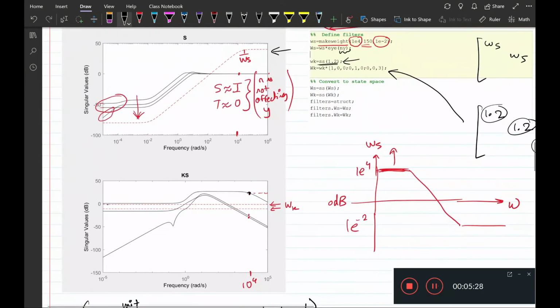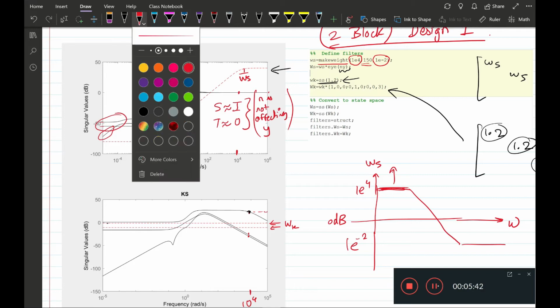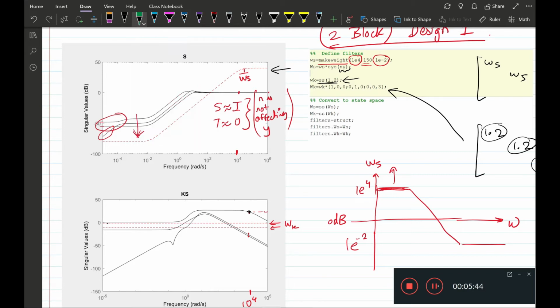Let's go back. So that's our design. We had constant shaping filters for WK, and what we can now do is enforce a roll off in the control action here. So let me use a different color. We can enforce a roll off of the control action at frequencies maybe much before 10 to the 4, something like this.